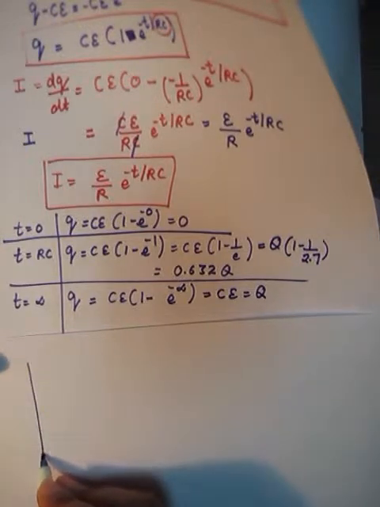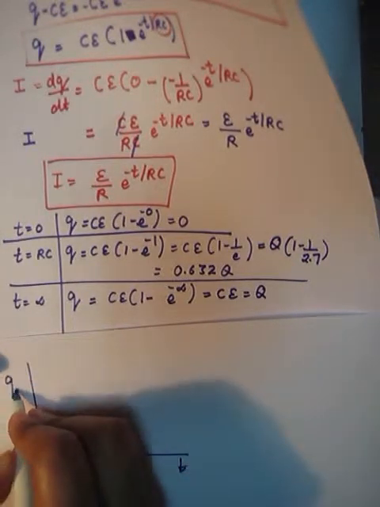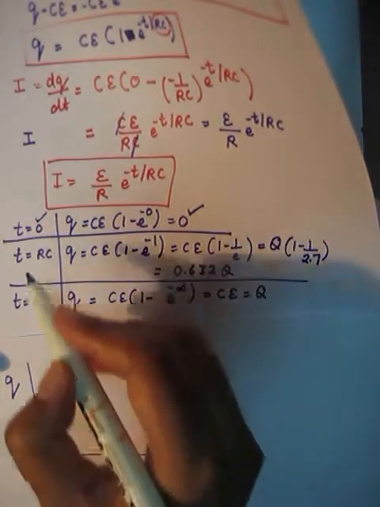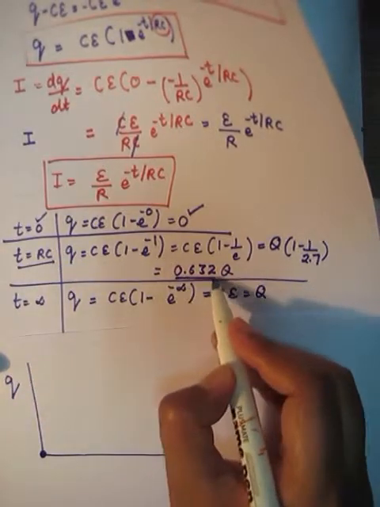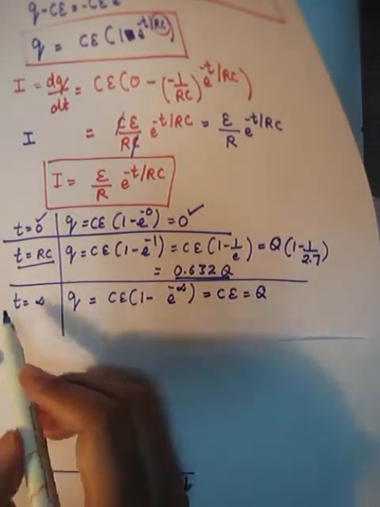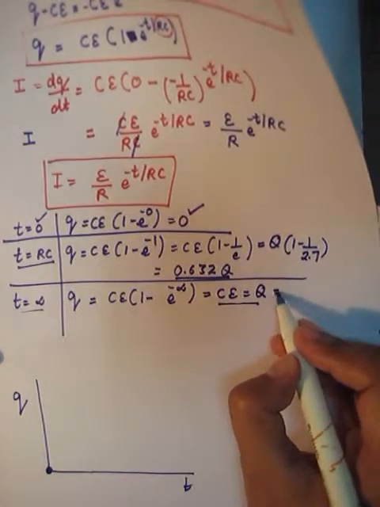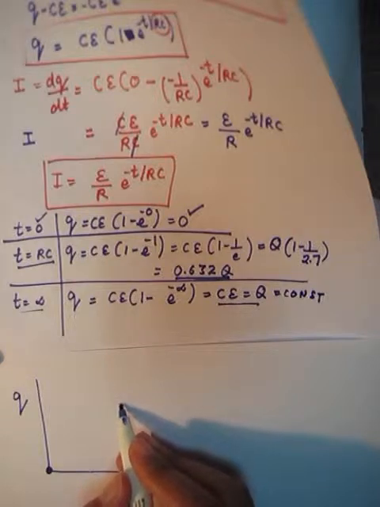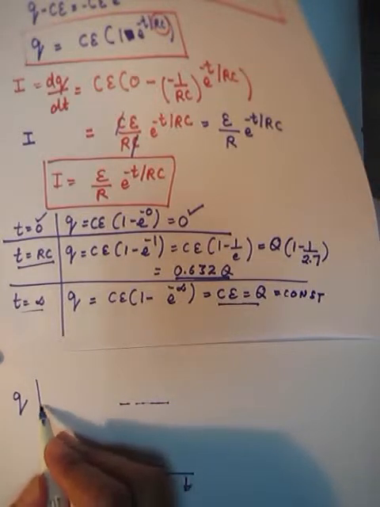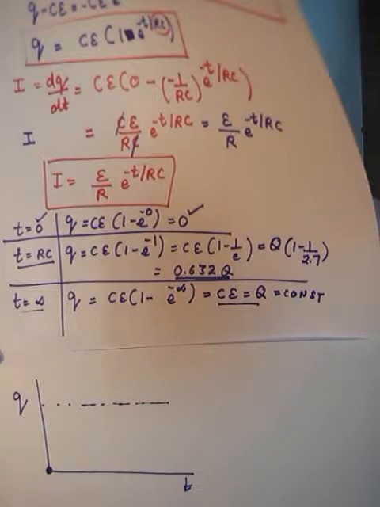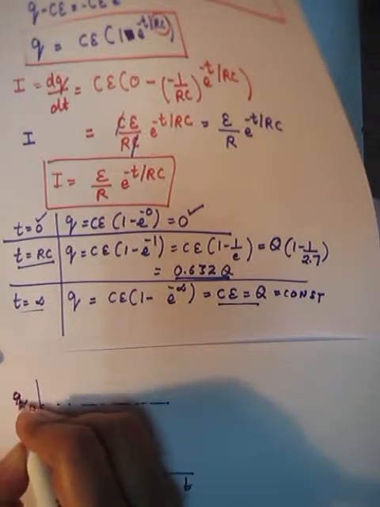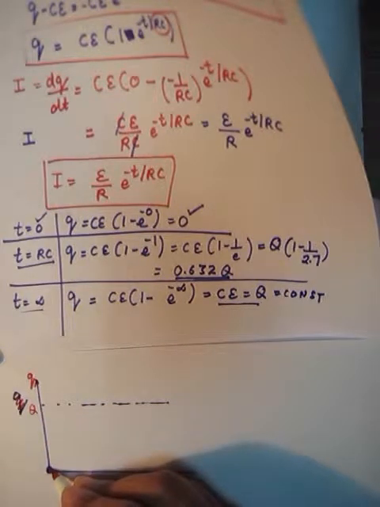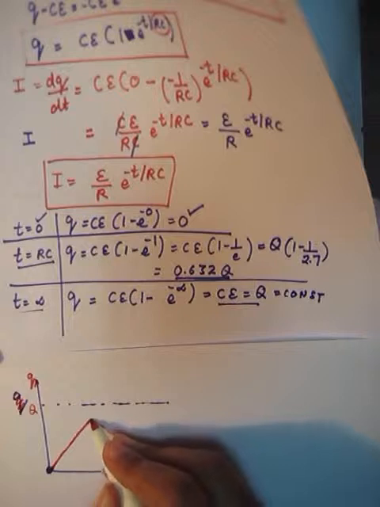If it is time versus q, at time 0 charge is 0, so we can plot it here. At time RC, charge is some fraction of the maximum charge, and at infinite time charge is a constant. Okay, so at infinite time the charge will be a constant value, and this constant value should be equal to capital Q, and it will be an exponential function.